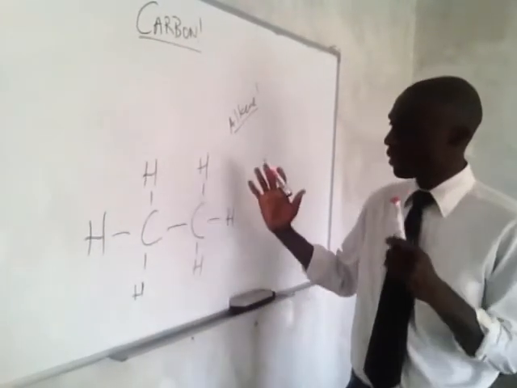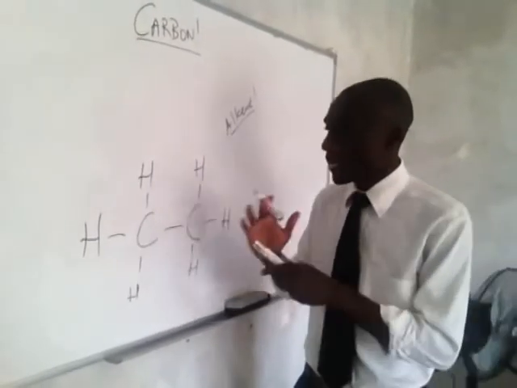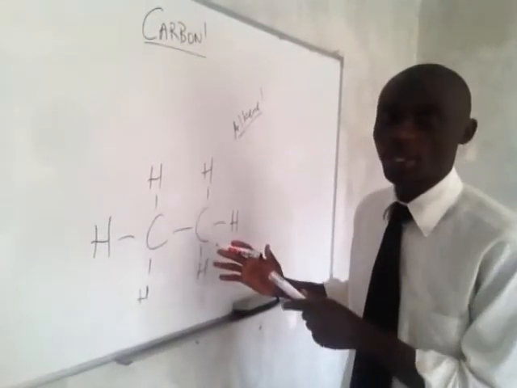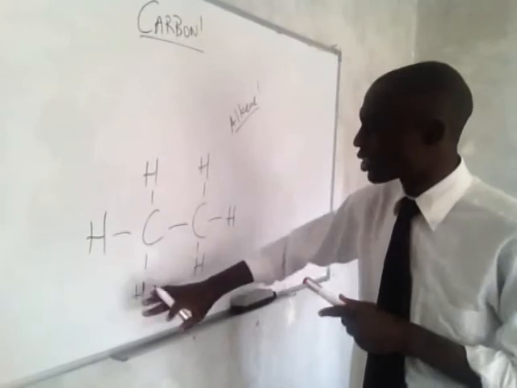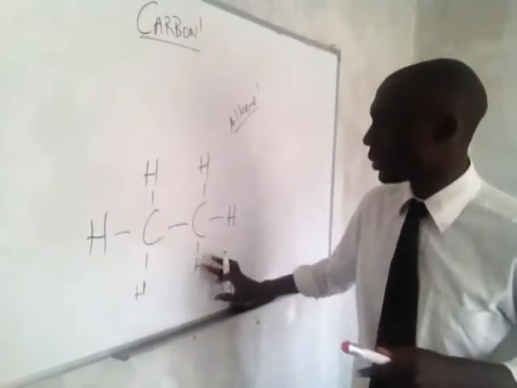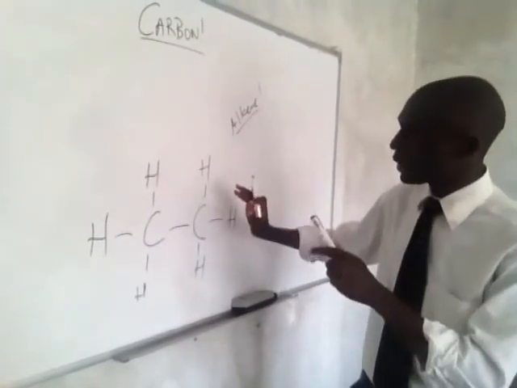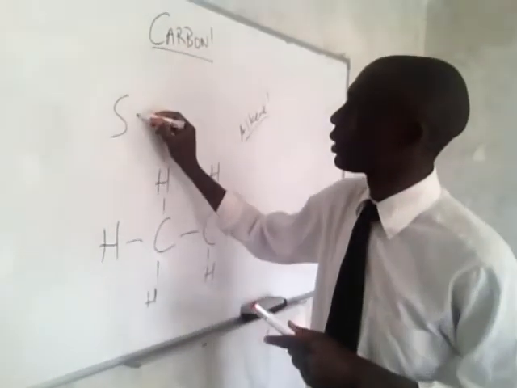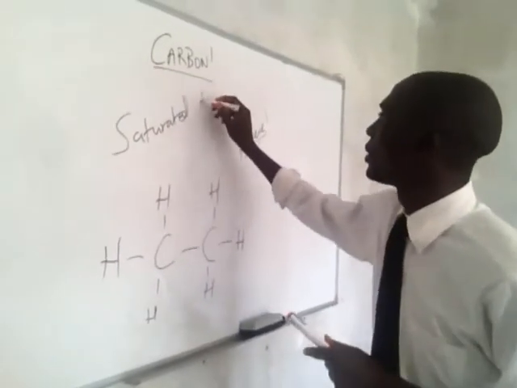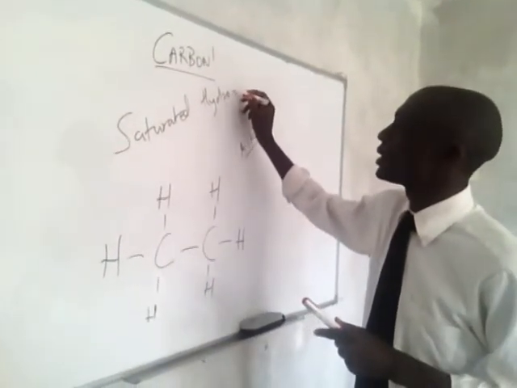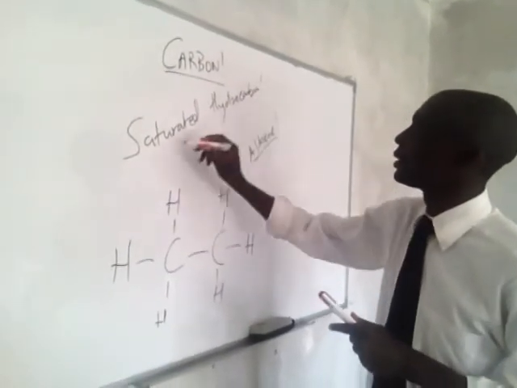This is a dead end for these carbons. They cannot further attach to anything else unless we replace these hydrogens with something else. So this is what you call a saturated hydrocarbon. We'll talk about these hydrocarbons in future videos.